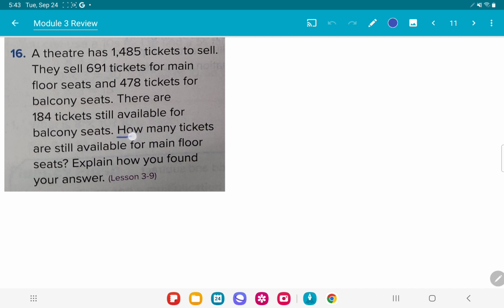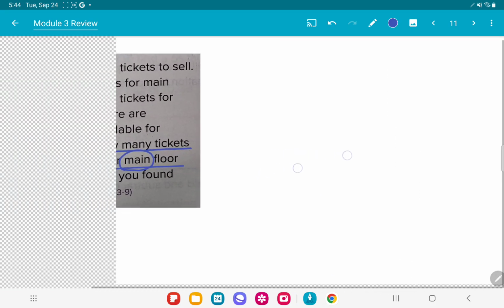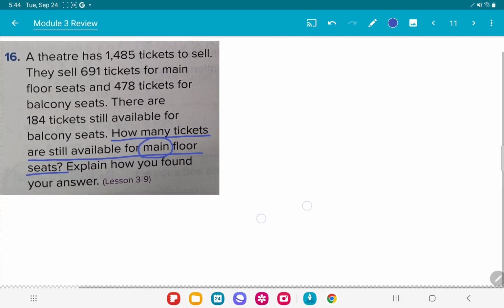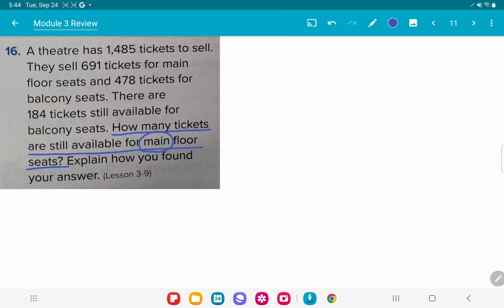So the question wants to know, how many tickets are still available for main floor seats? We need to go back and look very carefully at the information they gave us. It says the total number of tickets to sell, I'll use a T for that, is 1,485.